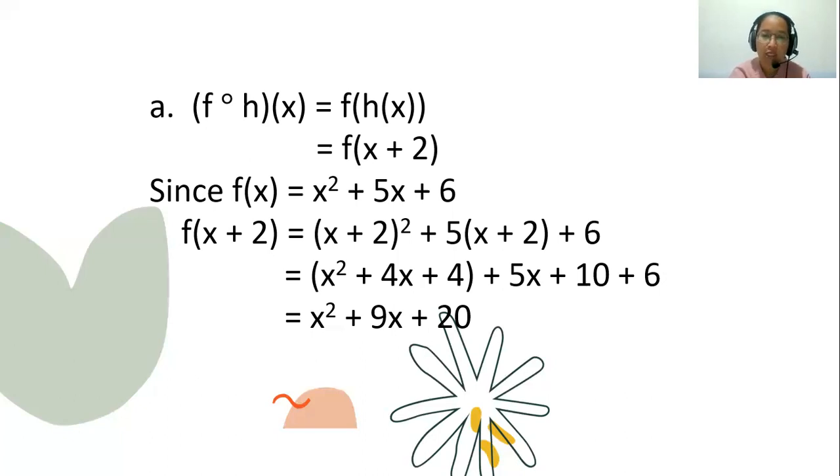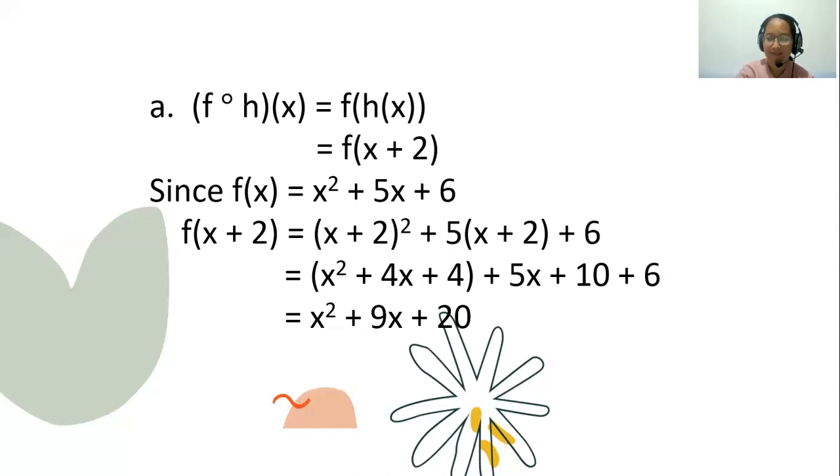Then for the second expression, multiply 5 with x, same with 2. So 5 times x is 5x, then 5 times 2 is 10, then plus 6. Simplifying this expression, we have for the composite function of f and h of x equal to x squared plus 9x plus 20.